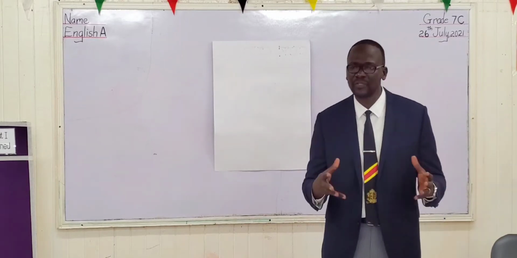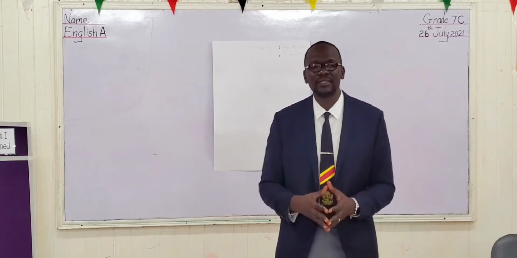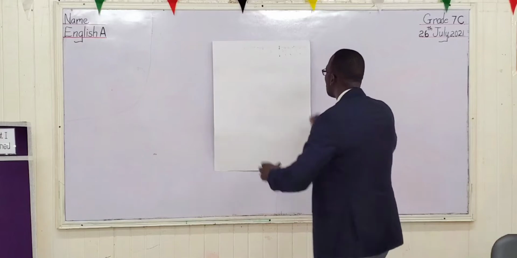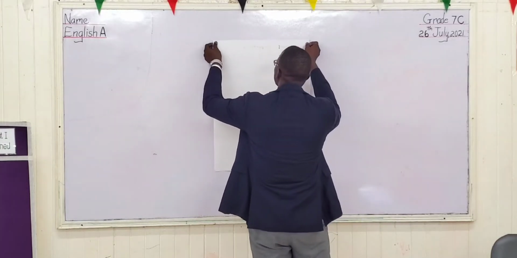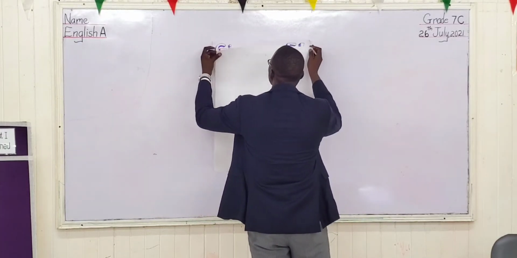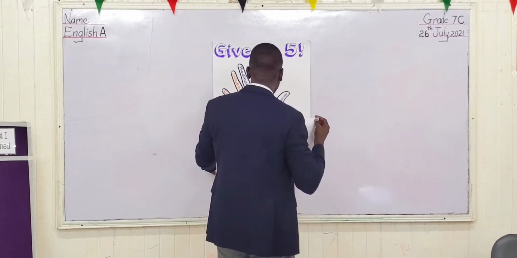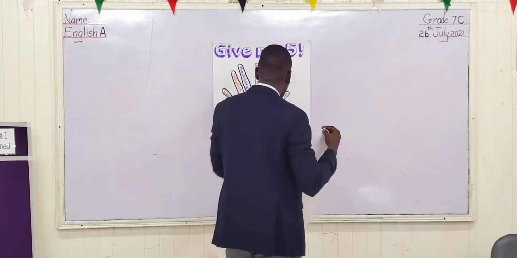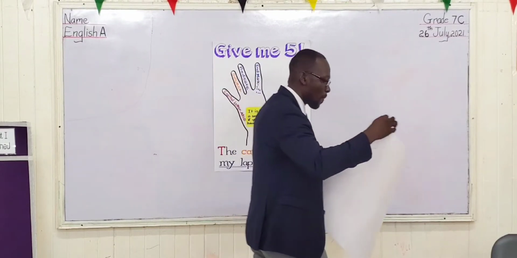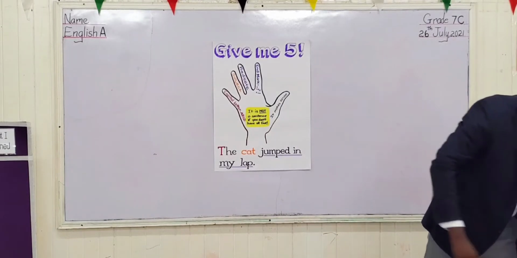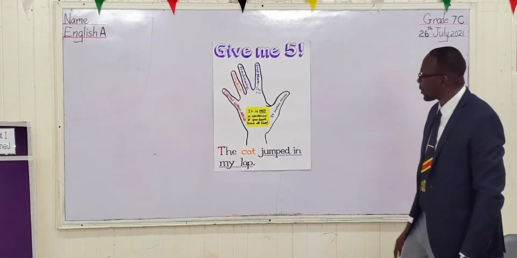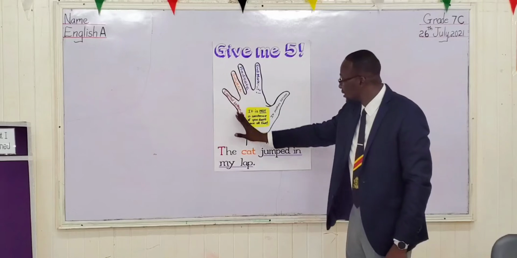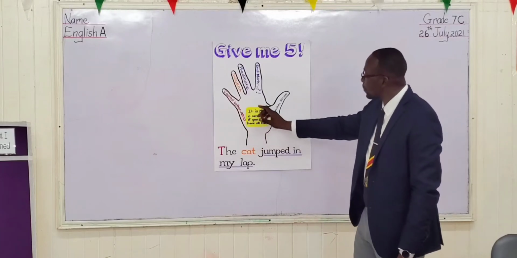Let's examine or refresh our minds then on the components of a sentence. So when we think of a sentence, it generally has 5 parts to it, right? And those 5 parts are as stated on the chart. Somebody mentioned a capital letter, so yes, that is one of the components or parts.